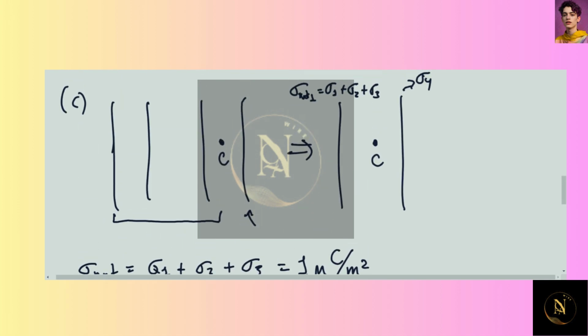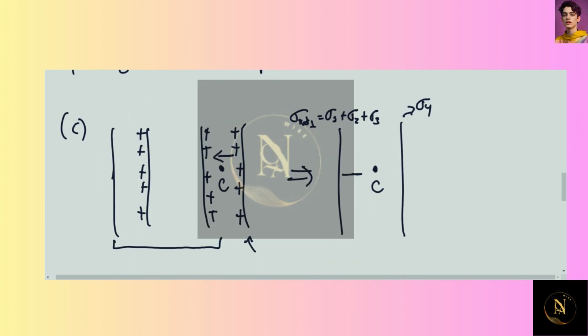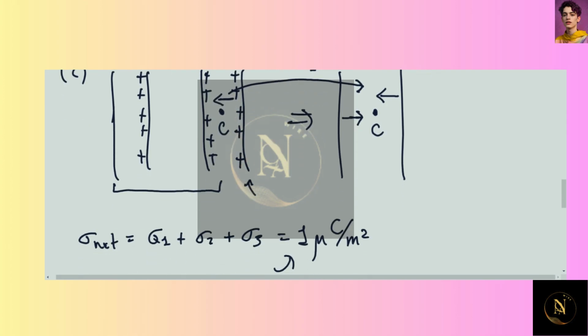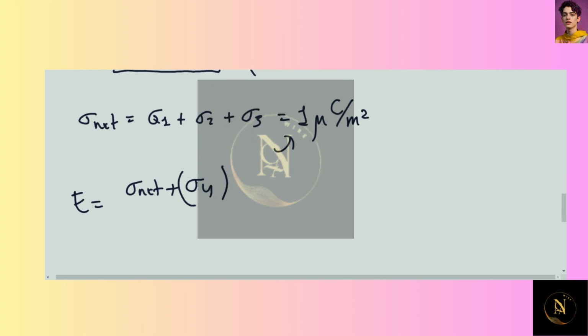But in this case, we know that since this is a positive surface, we will have an electric field in this direction, and the other ones are positive, positive, positive, and we saw that that has a positive direction, so the direction of this is to the right, and the direction produced by the right-hand sheet is in the negative direction. So we just need to subtract sigma 4.